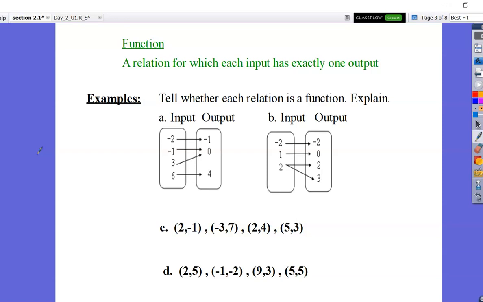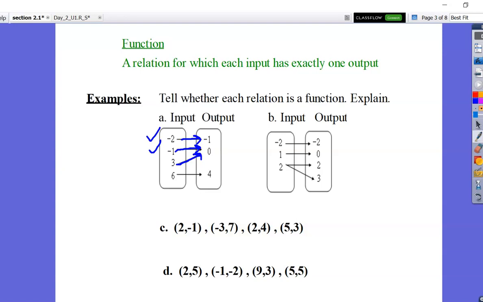So for the input column, I can see that -2 maps to -1. And -2 has exactly one output value. So that's good. I can see that -1 maps to 0. -1 has exactly one output value, so that's good too. I can see that 3 also maps to 0. And that's okay if you have more than one input going to the same output.